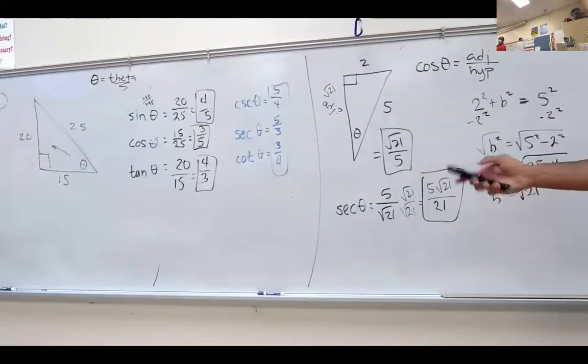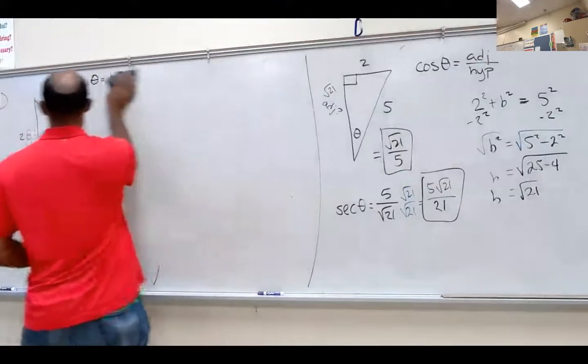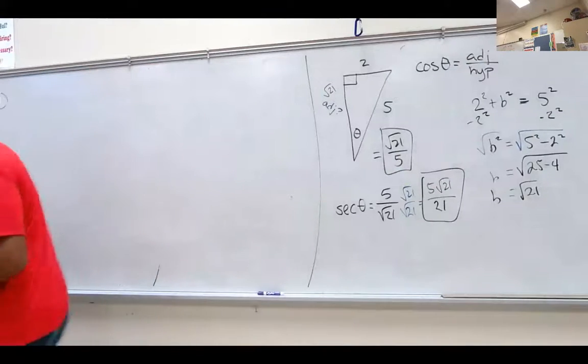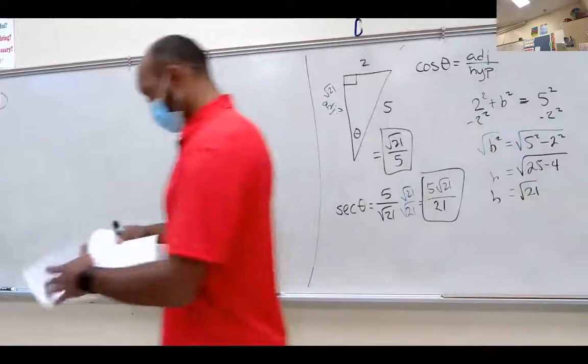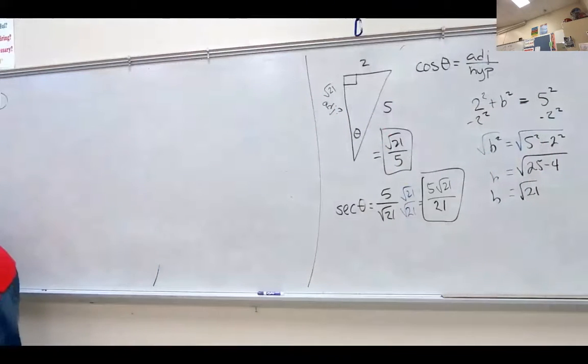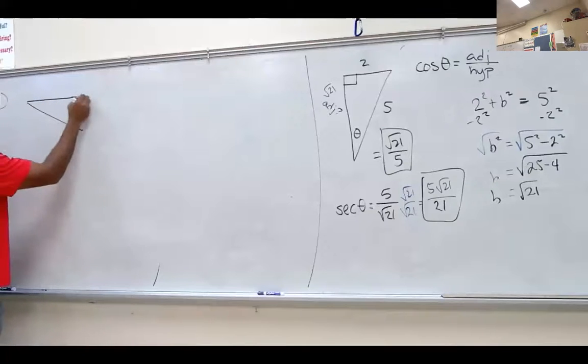All right, that's fine right there. That way the guys online can take notes. Finding missing angles and sides. So let's start with this first. We're just going to do 2 examples here.